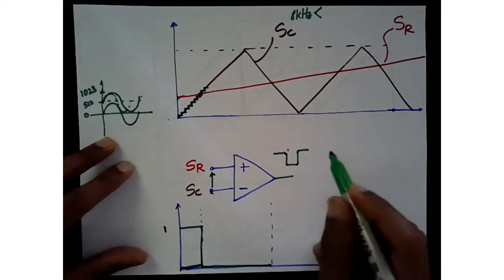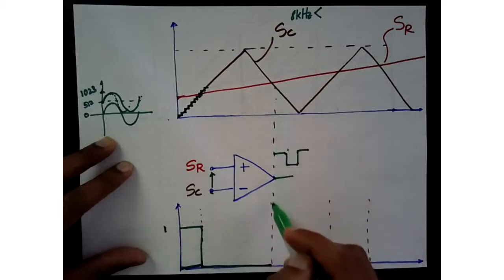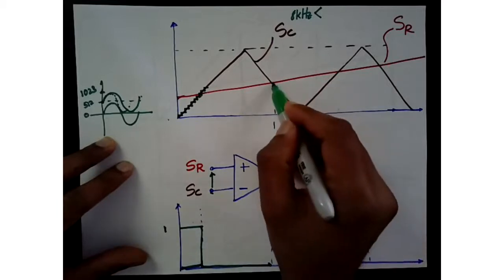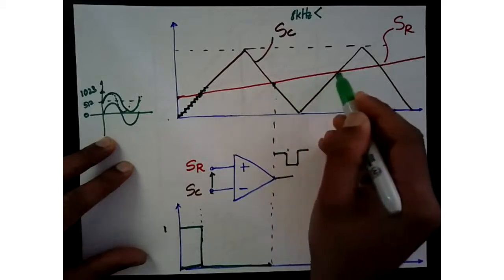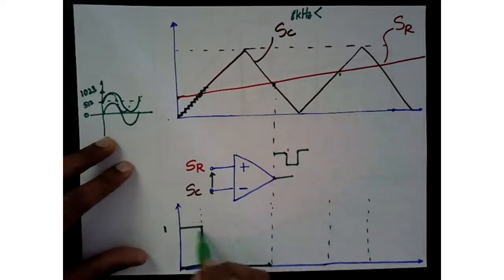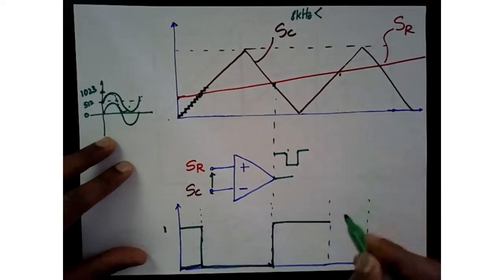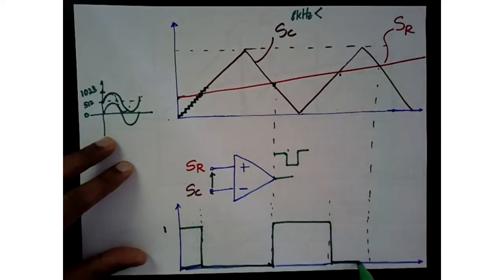Okay. And after this point, if we set this right there, for the period from here to here, again we can see our reference is larger. So now the comparator will set the output to high for that period, and then again for the short period, the output will go to 0.